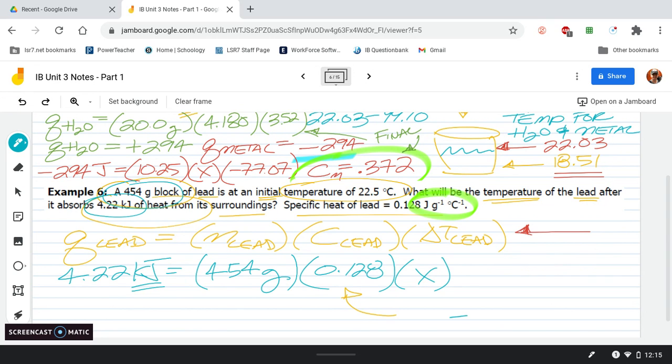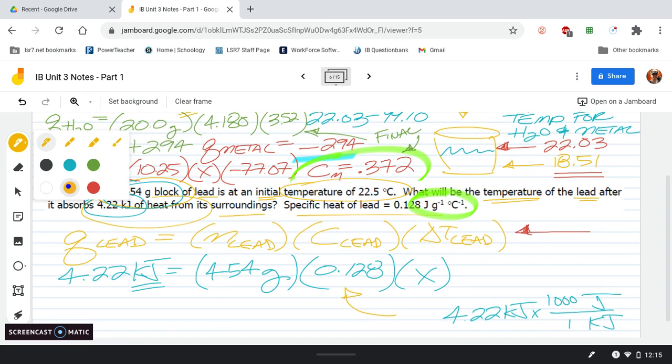I'm going to move it down here because I don't have space. 4.22 kilojoules. And you're like, okay, I want joules. I don't want the kilojoules. 1,000 joules is equal to 1 kilojoule. So if you have your conversion factor set up correctly like this, kilojoules are going to cancel. And so you're just simply multiplying by 1,000.